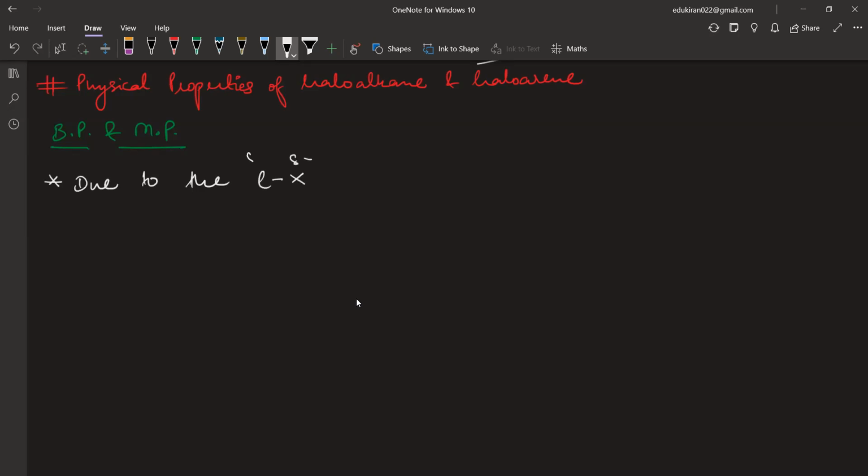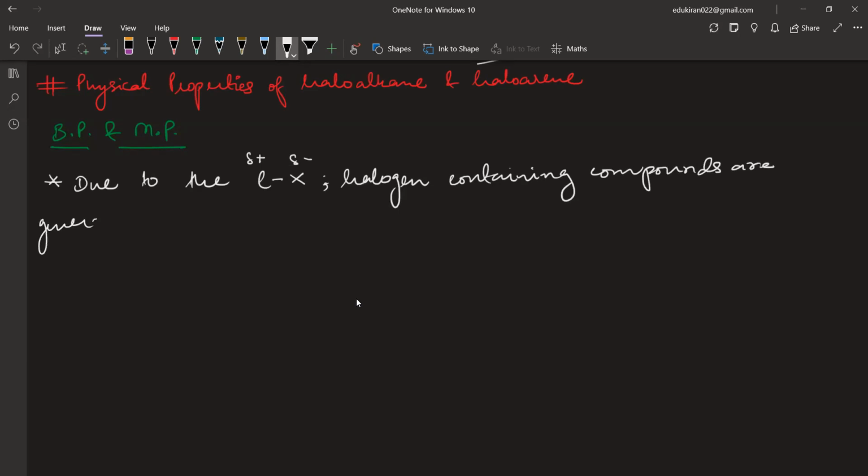We will write delta negative and delta positive with the C. Due to the CX bond, halogen containing compounds are generally polar.